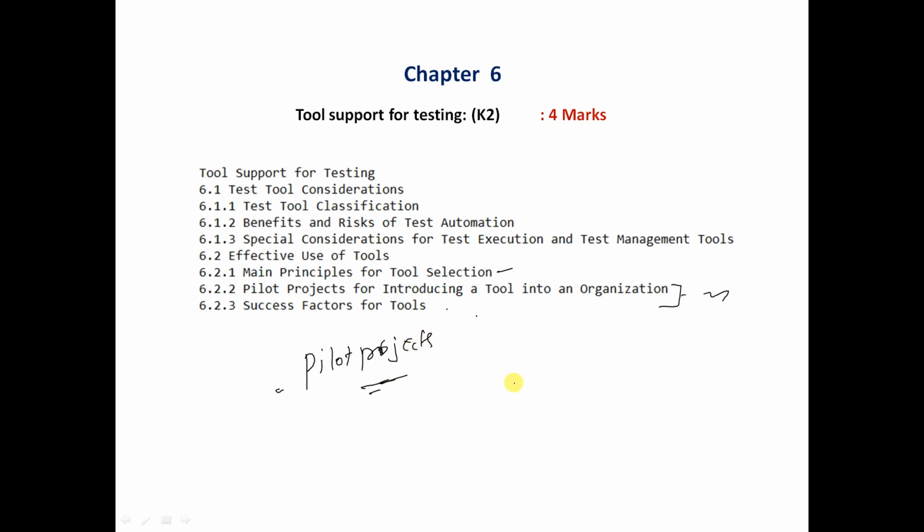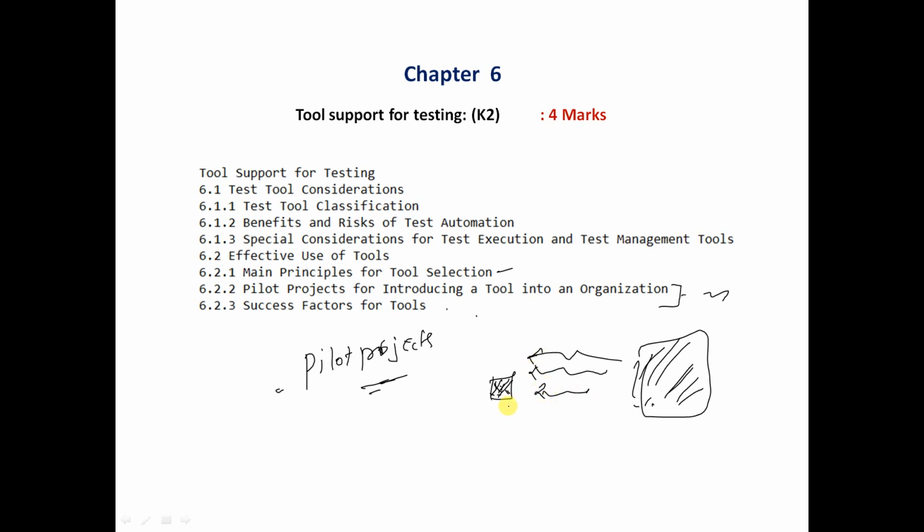Say for example, you are working in a small or medium organization, and you got a project from a bigger organization, a tier 1 or tier 2 company. They are a bit hesitant to accept your offer.